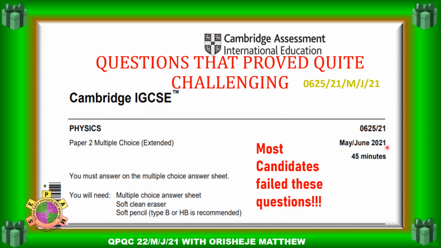As we are preparing, we are going to discuss the technicality and the misconception why most students fail this question. This is just a smart way of preparing for your exam. So let's look at some of the questions that most candidates fail so that you don't fail them if you come across them.